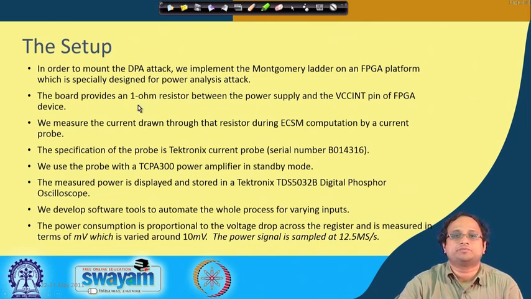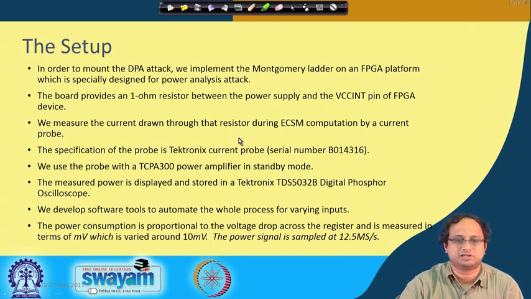The board provides a 1 ohm resistor between the power supply and the VCC pin of the FPGA. We measure the current drawn through that resistor during the elliptic curve scalar multiplication operation by a current probe. As we discussed, we use current probes of proper specifications so that there is a high SNR of your power traces.